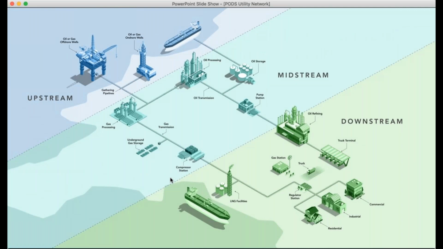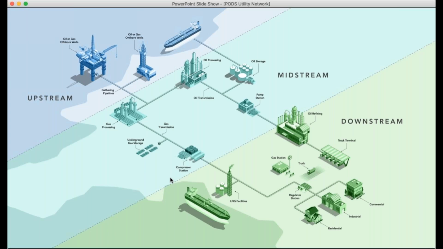And so when we looked at the whole supply chain, from meter tip to wellhead and all pipes in between, we view the industry as broken down into three major segments. We had the upstream, which we would consider the gathering pipes, both onshore and offshore.